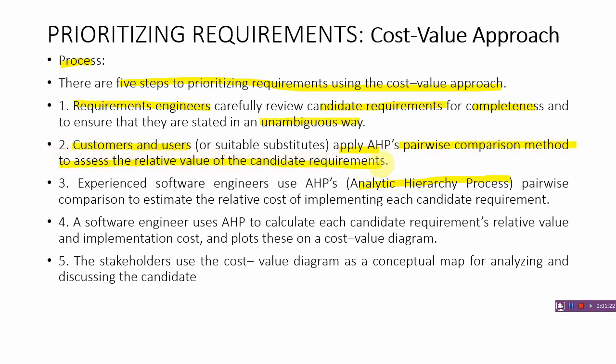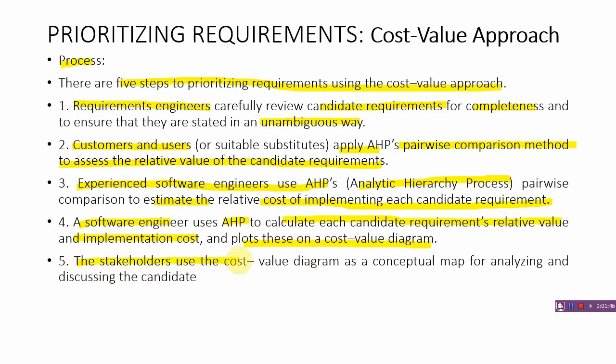the candidate requirements. Experienced software engineers use AHP pairwise comparison to estimate the relative cost of implementing each candidate requirement. A software engineer uses AHP to calculate each candidate requirement's relative value and implementation cost and plots these on the cost value diagram.